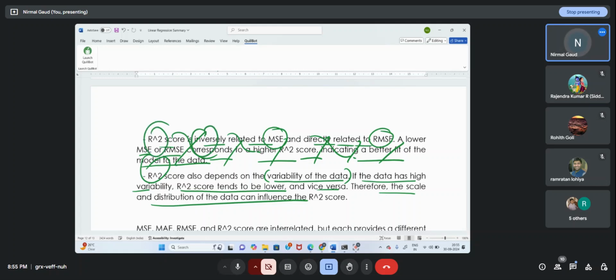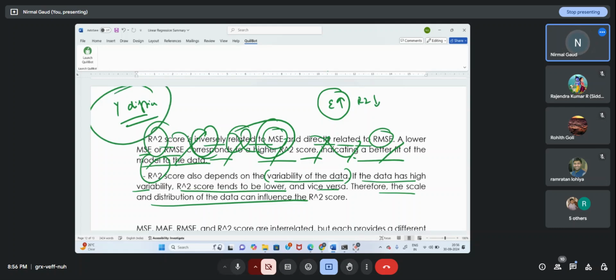Again, try to connect with the statement mentioned above. R2 is inversely related to MSE. That means if error is more, R2 is less. Error is more means the model is making more error, and it is difficult for the features to predict the target correctly, because the prediction will be away from the actual.